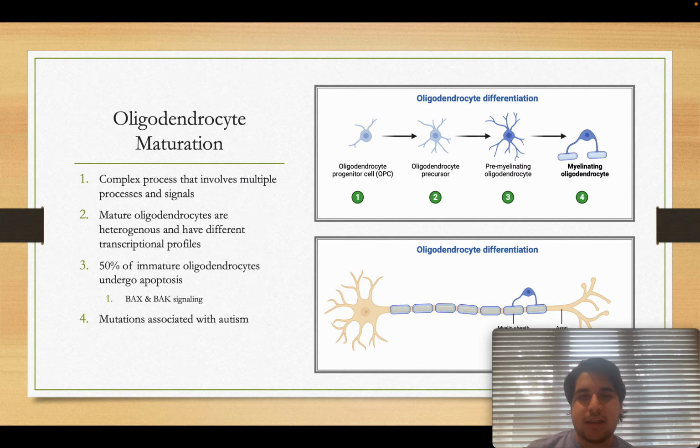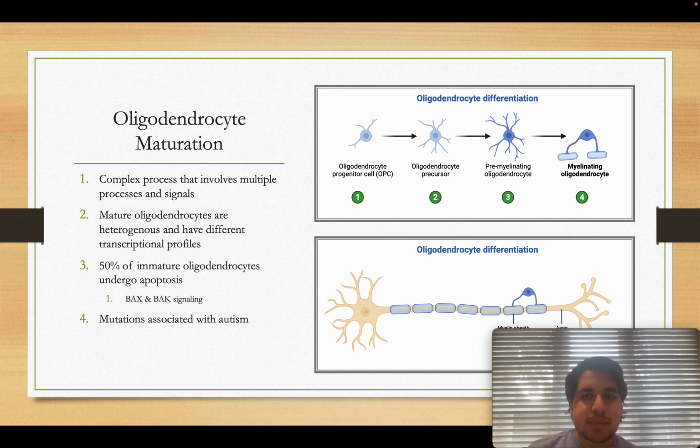This cell hasn't received any signals yet to become a mature oligodendrocyte. After it receives a few key signals, it becomes an oligodendrocyte precursor. So now it is committing to the pathway of becoming a mature oligodendrocyte.